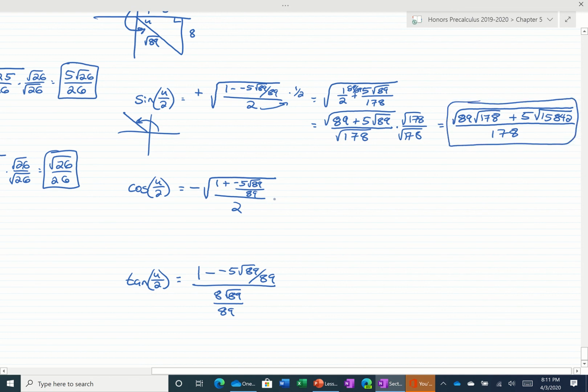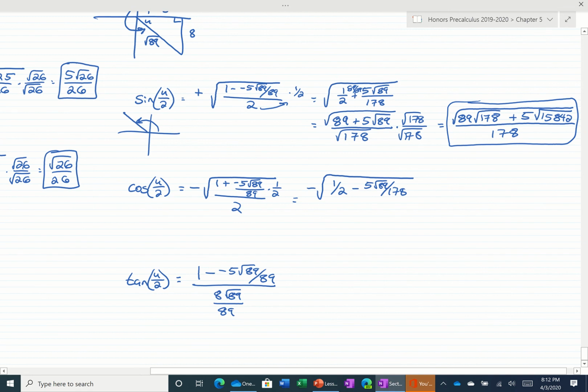All right, let's take a look at the cosine now. Cosine, we're going to be doing the same thing. Instead of dividing by 2, I'll just multiply the whole top by 1/2. And this gives us negative the square root of 1/2 minus 5 root 89 over 178.